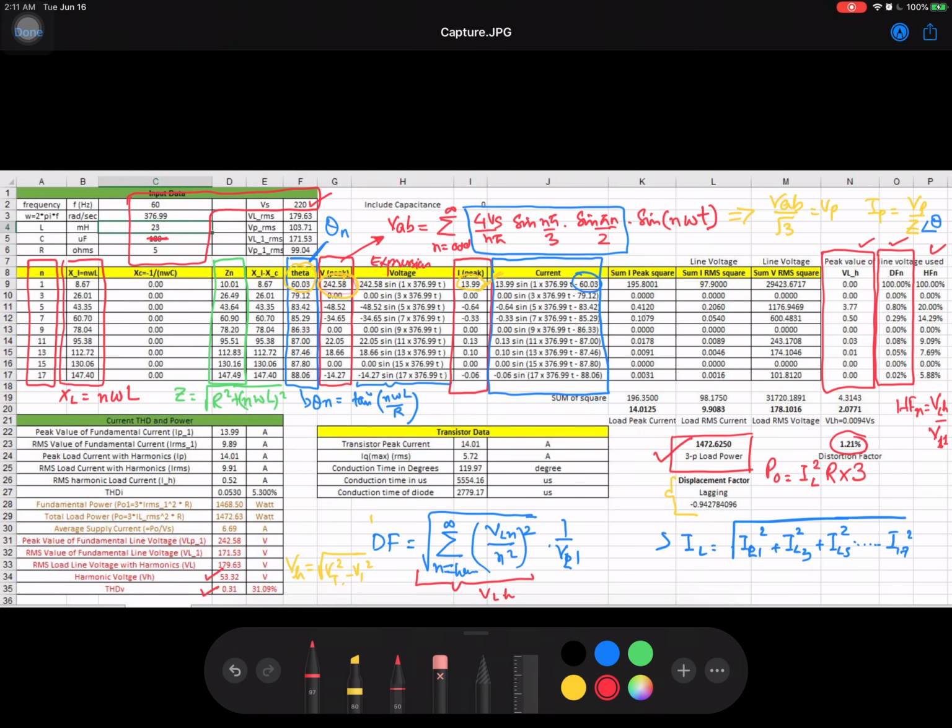Then to select your transistor, we are taking this part, peak current and RMS current of your transistor. Formula has been discussed in the last video. Conduction time in degrees, conduction time in terms of microseconds, and conduction time of the diode. This information is basically obtained from this angle theta.